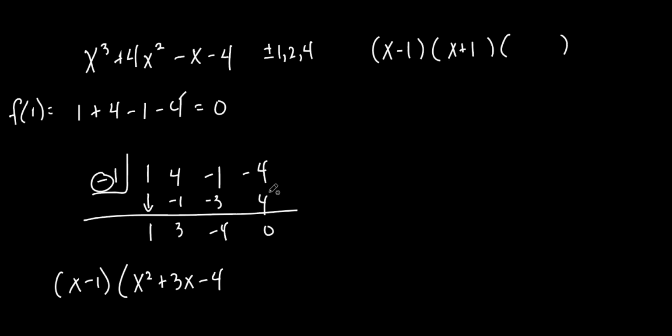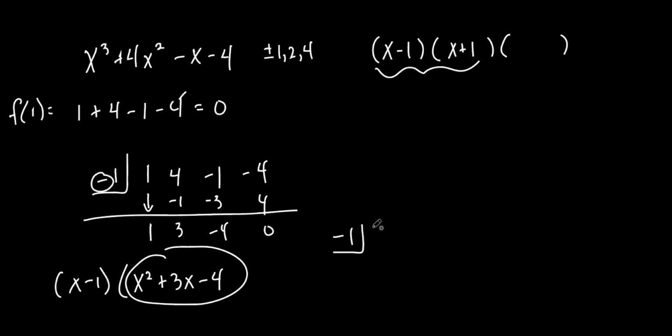So you're just going to take the x plus 1 out of this, correct? So now we're going to go negative 1. But I did it over here. Is that good?